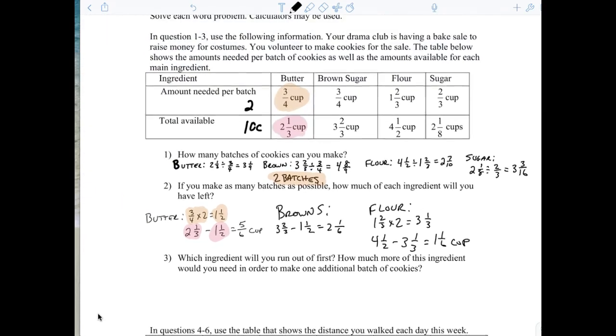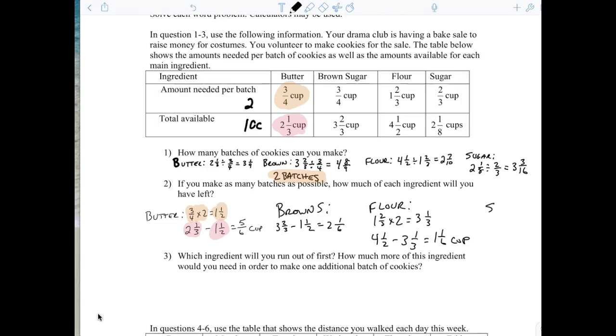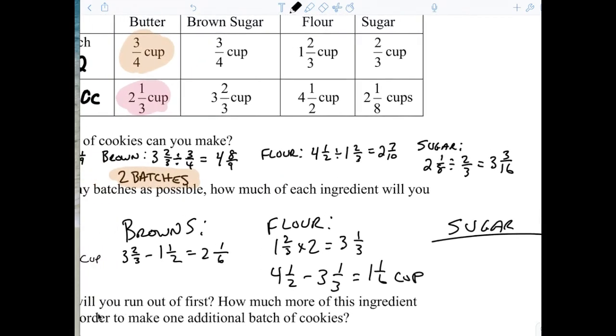All right, and the last one, Kate, I want you to tell me how to do the sugar. What do I have to do for sugar to figure out how much is left? 2/3, yes, times 2. You're awesome. 2/3 times 2. And tell me what that is.